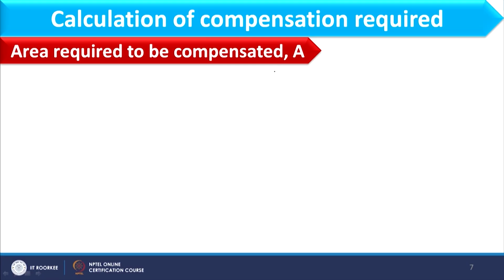So, what should be the thickness of that ring pad? All these calculations we will consider here. So, let us start. The first point is that I have to calculate the area required to be compensated. If I am creating the opening, how much area I need to compensate I have to calculate first. So, it depends on the opening.